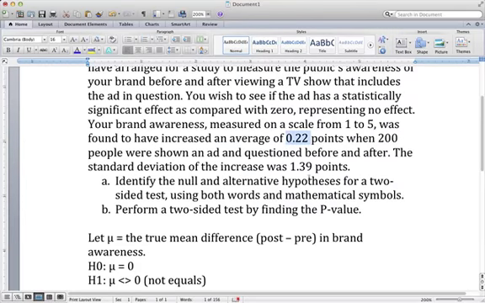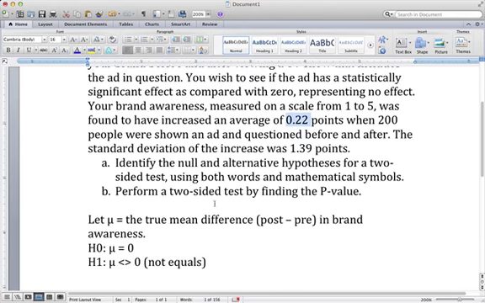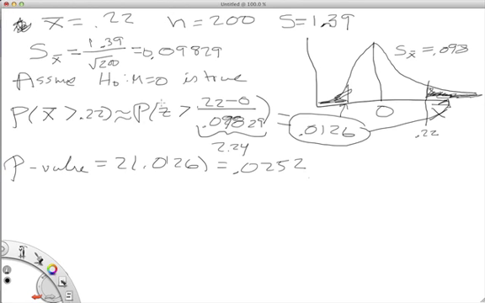Now, if you go back to the course packet and read this really carefully, it says you're supposed to find out whether there's a statistically significant effect as compared to 0. Remember, statistically significant means you've got a p-value less than 5%. So you're going to use the cutoff of 5%. Since this is less than 5%, we reject H naught.